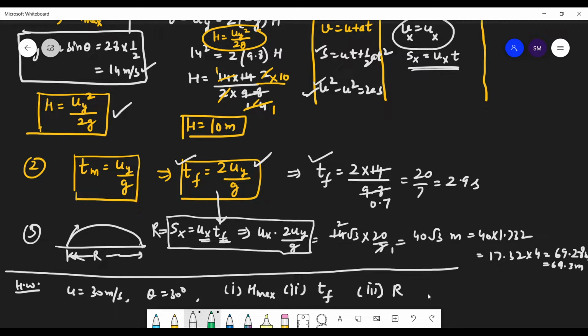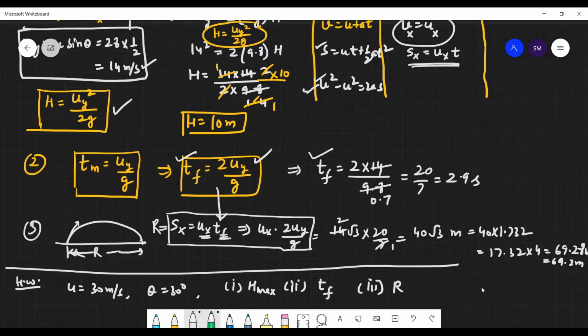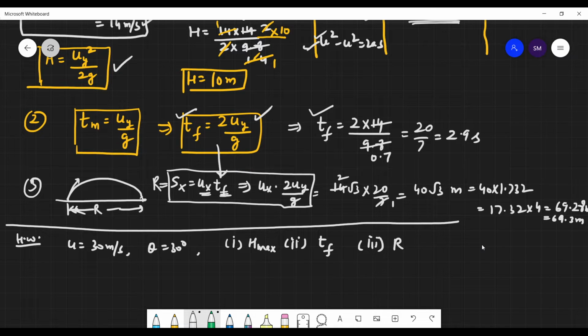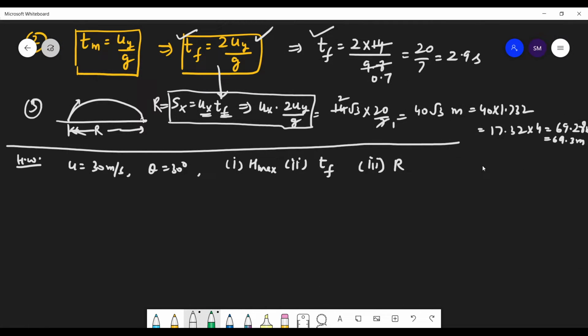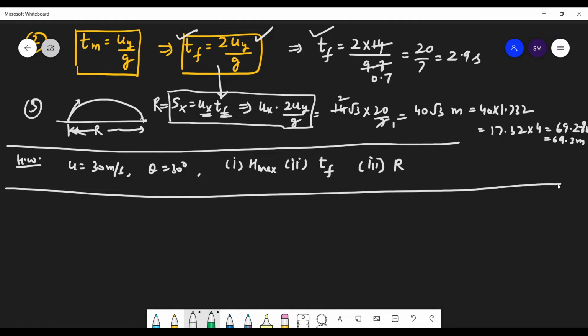Now you have another question. There is a boy who is standing at 39.2 meters height on a building and throws a ball which just passes a window 19.6 meters above the ground.